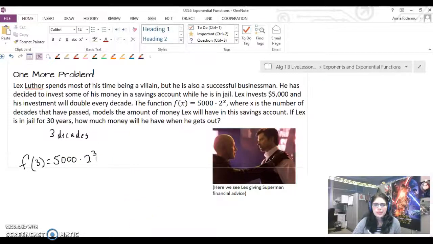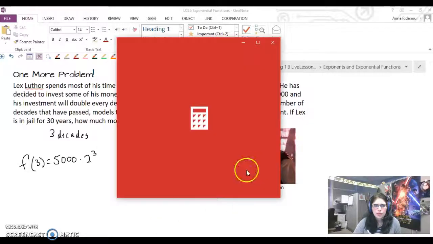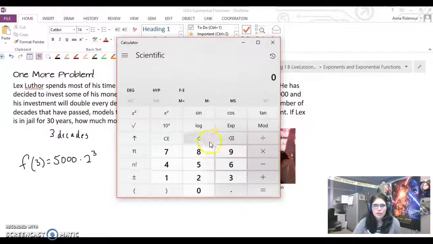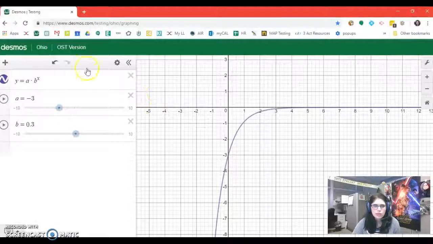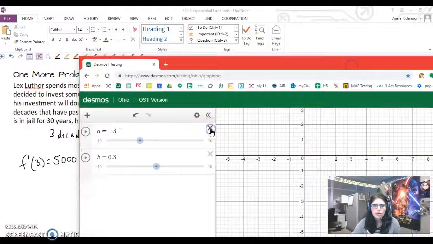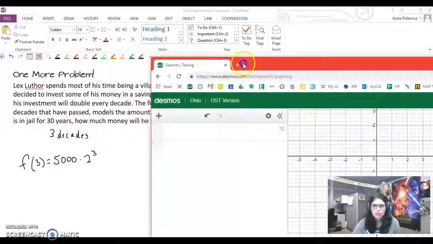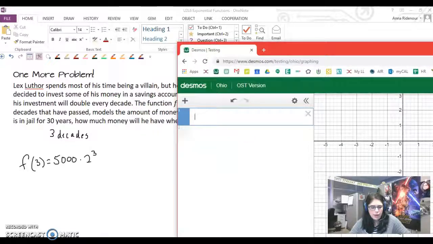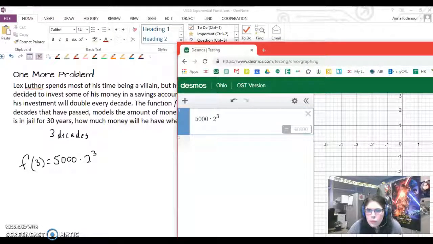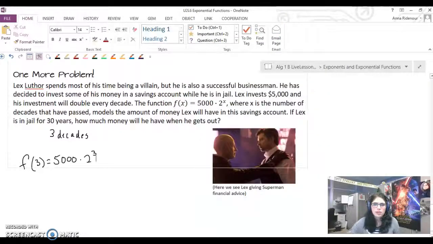Now at this point, it's not really worth me multiplying 2 by itself 3 times and then trying to multiply that by 5,000 on my own. So actually I will just use Desmos. So I want 5,000 times 2 to the third, and I get $40,000. So that's how much money he'll have.